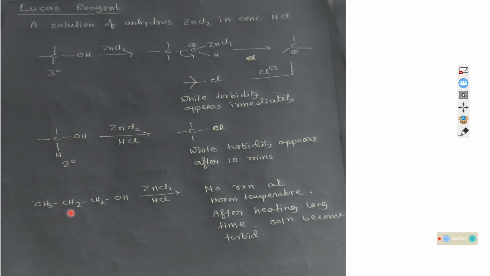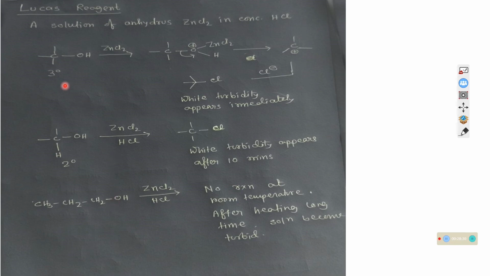But if we use primary alcohol, at room temperature we can't see any turbidity. If we heat for a long time, then the solution becomes turbid. With Lucas reagent, 3 degree alcohol reacts immediately and forms white turbidity, because generation of a 3 degree carbocation is more favorable than 2 degree, and 2 degree is more favorable than primary.